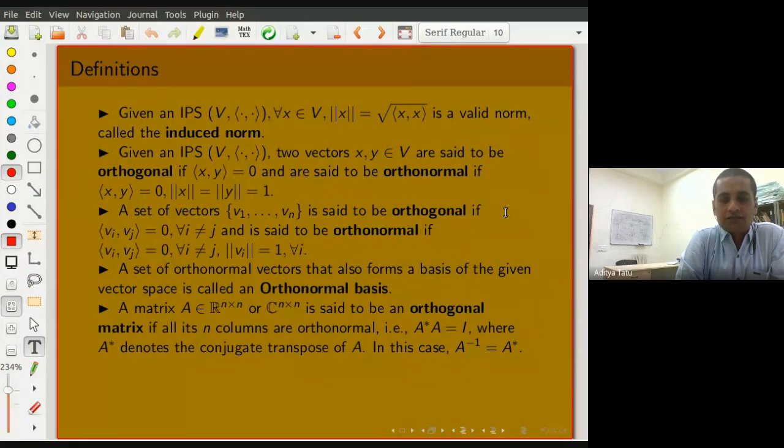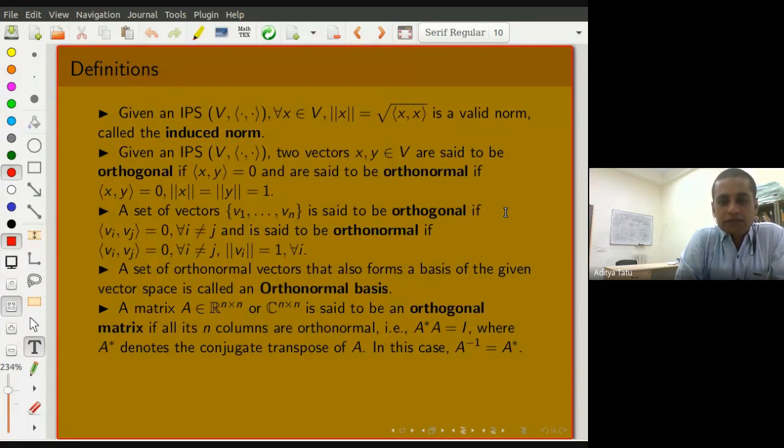A given set of n vectors is said to be orthogonal if the inner product of any two distinct vectors is 0, and this set is said to be orthonormal if, apart from being orthogonal, they are all unit norm vectors. If a set of orthonormal vectors also forms a basis, then we get what is called an orthonormal basis.